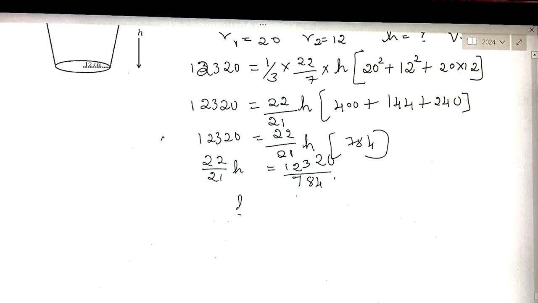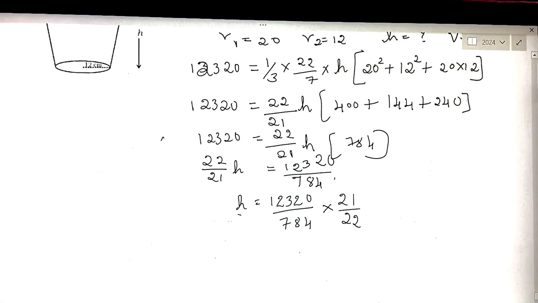So h is equal to 12320 divided by 784, and this 22 by 21 goes to that side, so it will become 21 by 22. Okay, so now while simplifying this, we get h is equal to, so we'll do it.